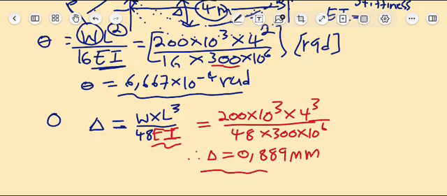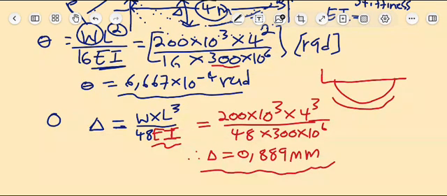This is our deflection, the change in height. When bending, we compare the original structure with the change that takes place, and we call that deflection. Initially it's here; if we apply the load, it will bend like this. We want the distance between these two.